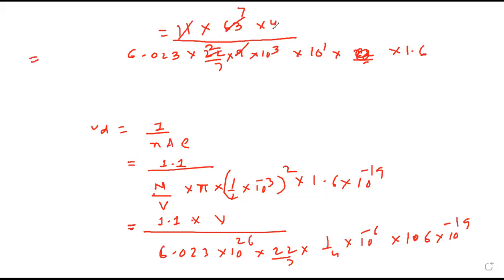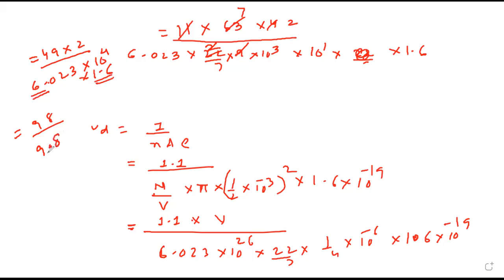This is 2 into 2, 4. 49 into 2 in numerator. 6.023 into 10 raised to 1 and 3 is 10 raised to 4 into 1.6. See, 16 sixes are 96, correct? Yes, sir. So this is 9.6, which will be close to 9.8 only. So I'm writing 9.8 into 10 raised to 4.